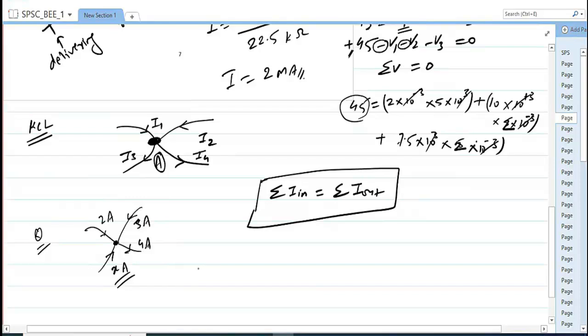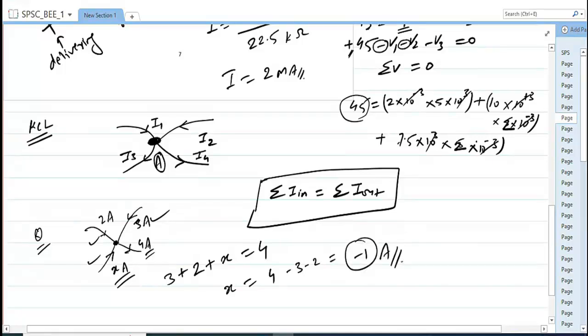Sum of all the incoming currents: 2 plus x plus 3 is also incoming. This is incoming current, this is incoming current, this is incoming current, and this 4 ampere is outgoing current. So x will be 4 minus 3 minus 2, that is minus 5 means minus 1 ampere.